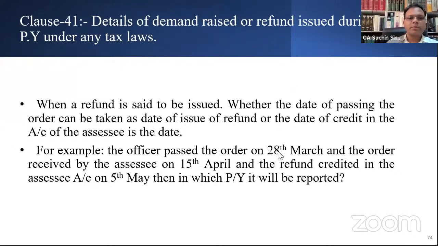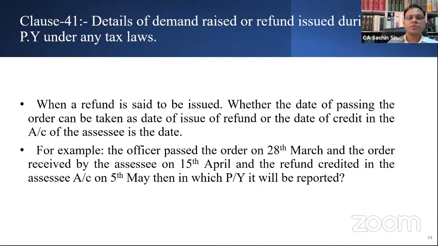However, there may be a situation where on 28th March the order is passed or the refund is issued, that is, they have made the payment, but due to some bank approval, it is credited to your account on 3rd April. Then, the refund was issued on 28th March and is credited to your account on 3rd April.